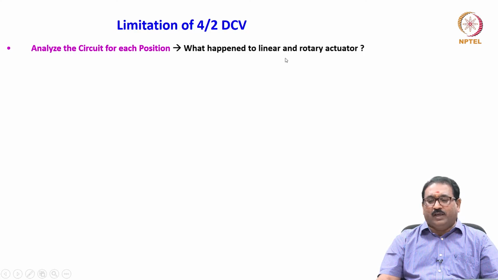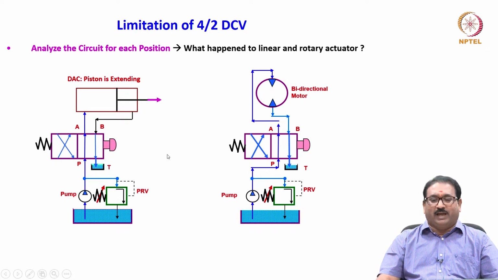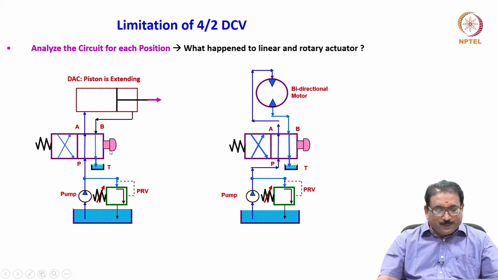What happens to a linear or a rotary actuator in this position, which I have shown, and you also saw in the previous slides? In the actuated position, what is going on, friends? Pump flow is sent to the head side, then it will extend. The flow at the rod side is moving out. When I press once more, it will retract.